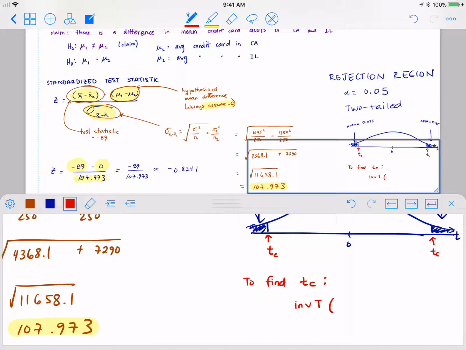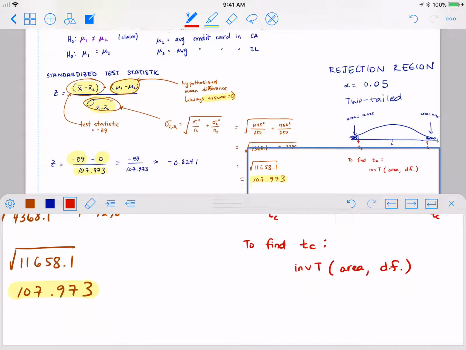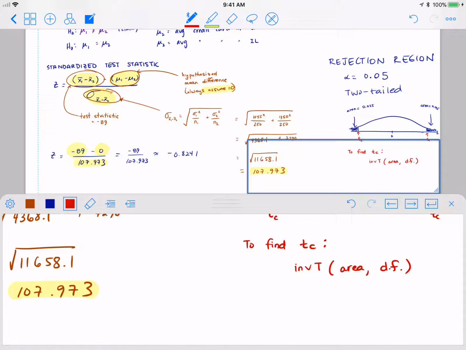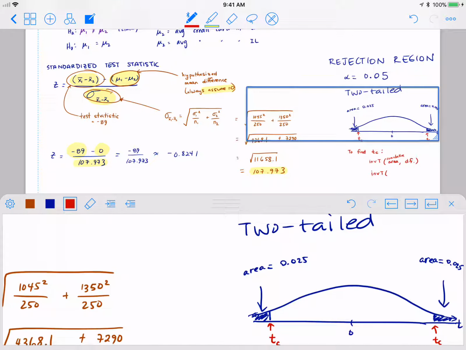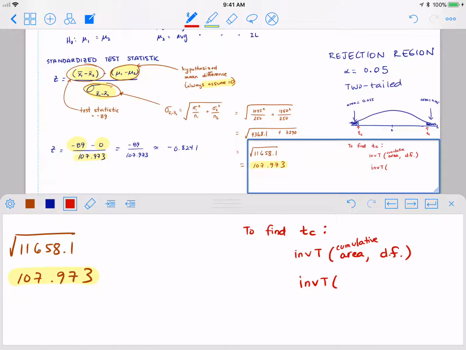First you put in the area, and then you put in your degrees of freedom. Right, so this is the formula to find TC. So for the area, we need the cumulative area, which is the area to the left or the area below. So for us, our cumulative area is going to be 0.025.